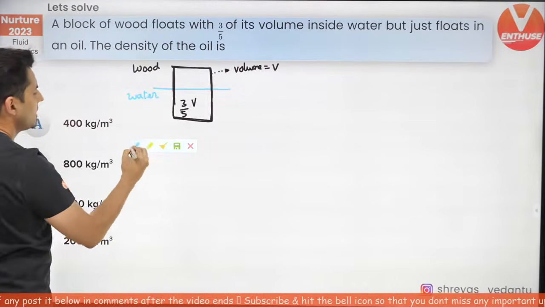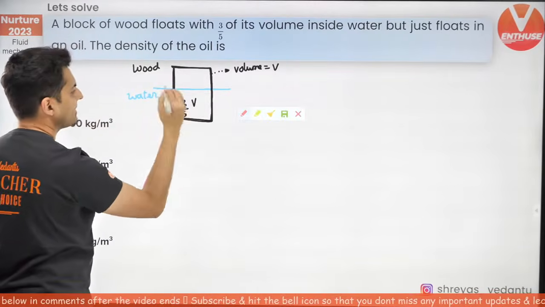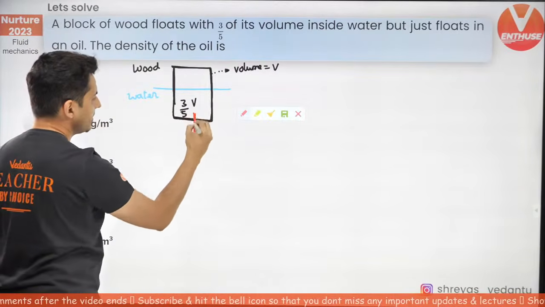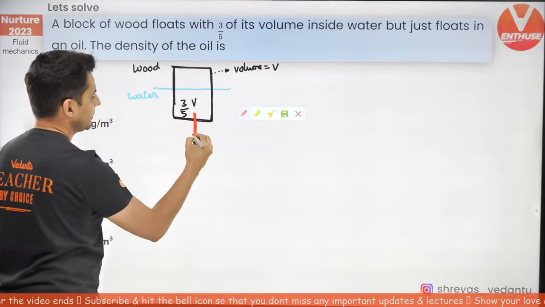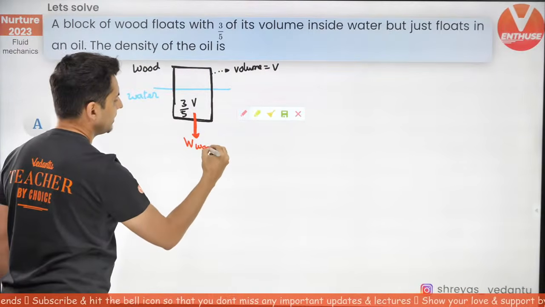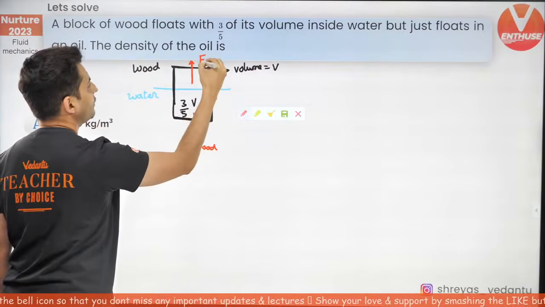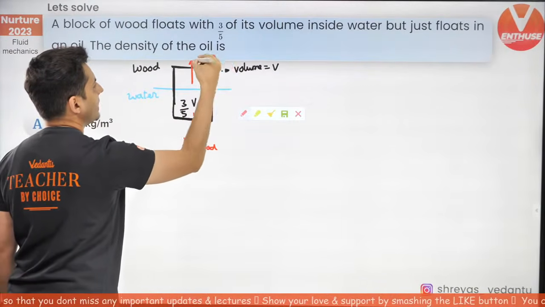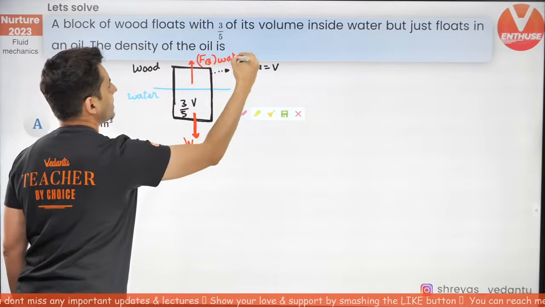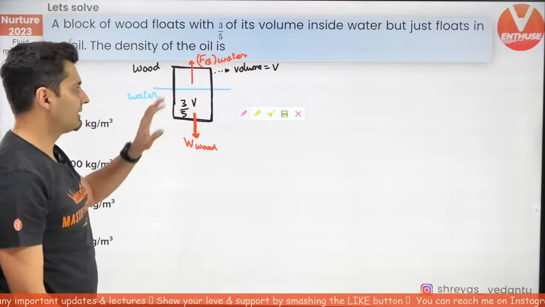In the first situation, the weight of the wood is being balanced by the buoyant force of water.